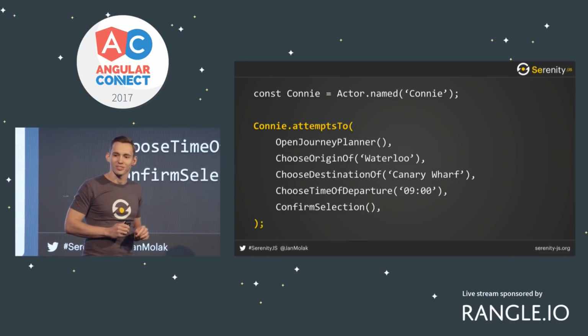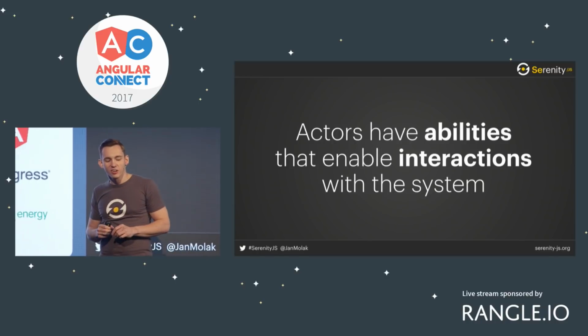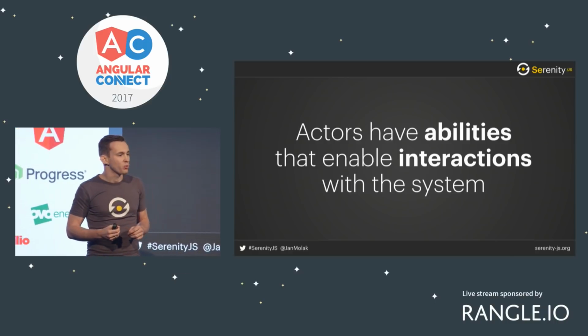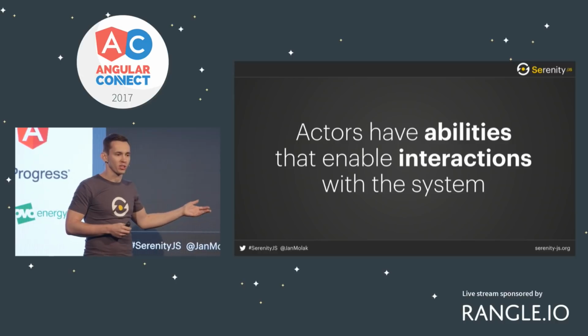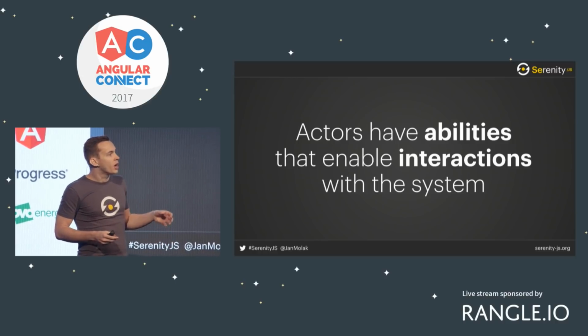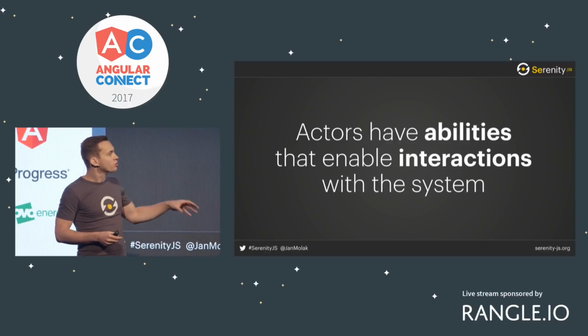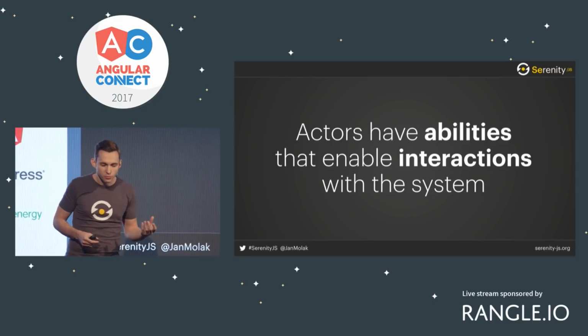Would you like to know how this works? So, in order to actually interact with the system, we still need to have protractor somewhere, right? We know that we don't want to have it in our test methods, but it has to be somewhere because that's how we actually interact. And this is where the concept of abilities comes into play. So actors have abilities that enable interactions with the system. What does this mean?